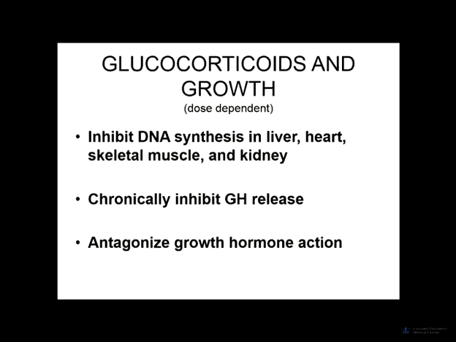Glucocorticoids inhibit DNA synthesis, they chronically inhibit GH release, and they also antagonize growth hormone action. This becomes problematic because we use glucocorticoids for treatment of many inflammatory diseases.